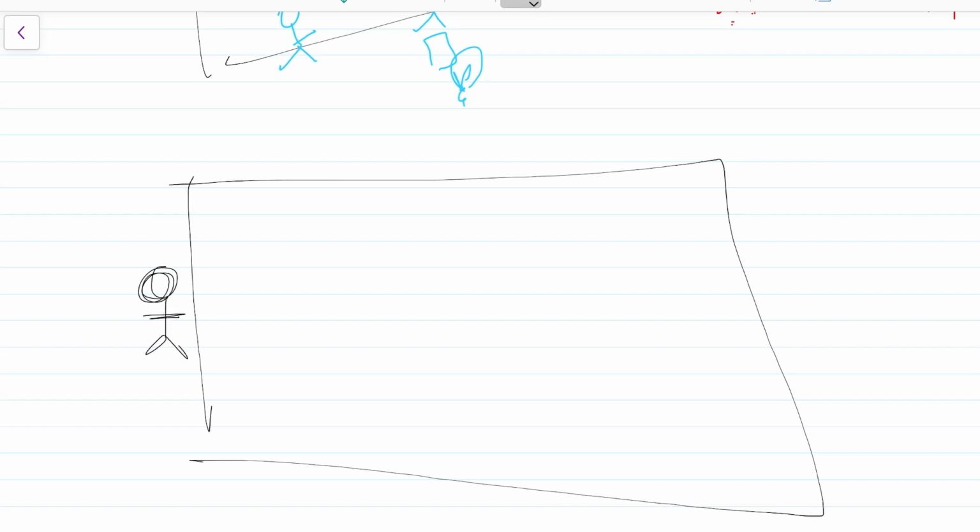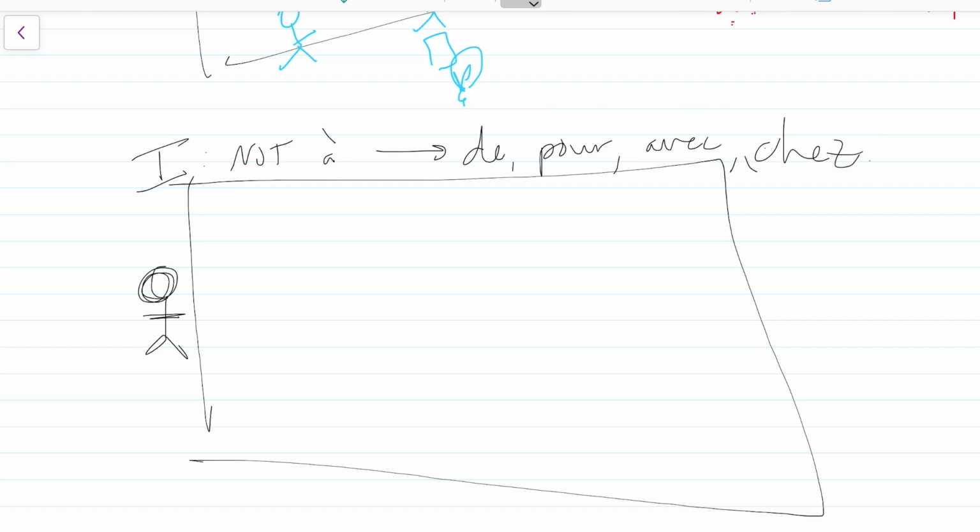And the difference between the triangle people and the rectangle people is that you do have a preposition, so it's indirect, but it's not à, which is to say it's anything but that, like de, pour, avec, chez, à côté de, loin de, près de, etc. But it's got to be a person.